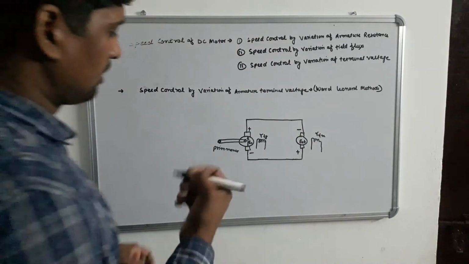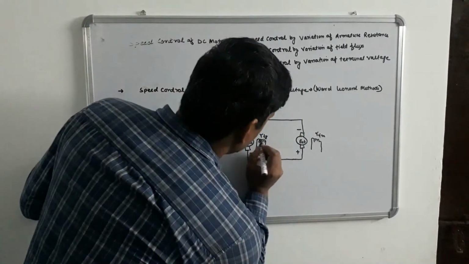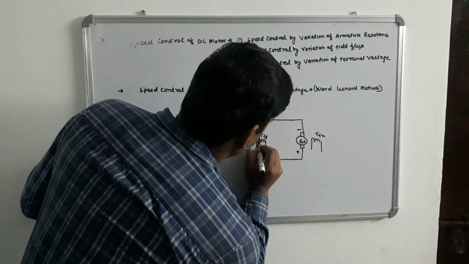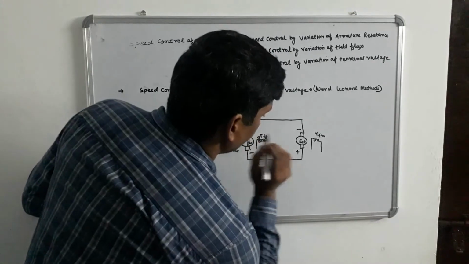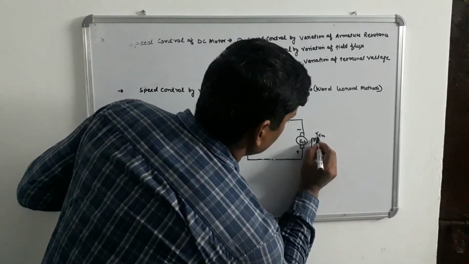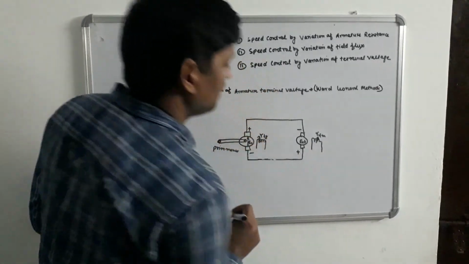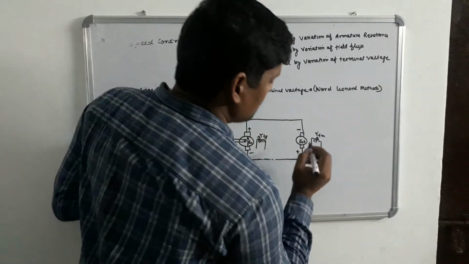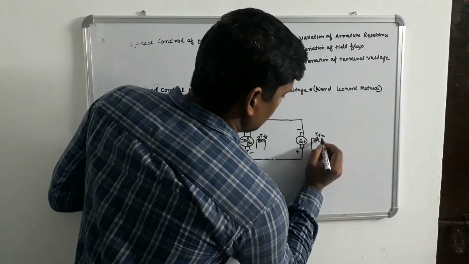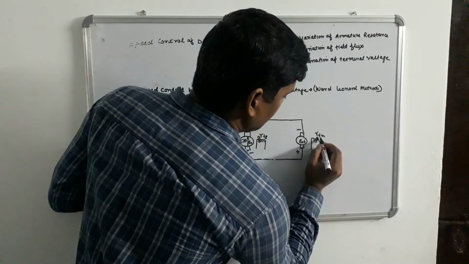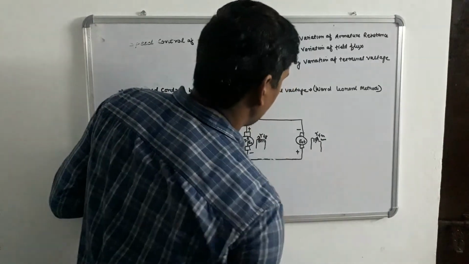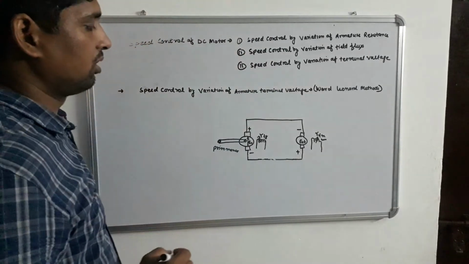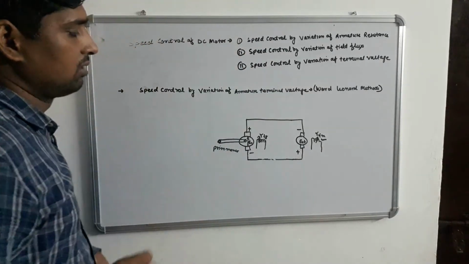This is the variable field resistance RFG, and this is the variable field resistance of the motor, RFM. These two quantities may be changed according to our requirement.